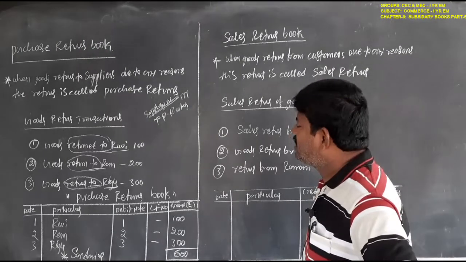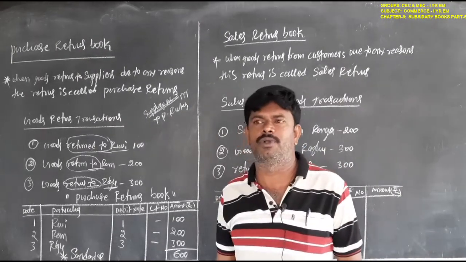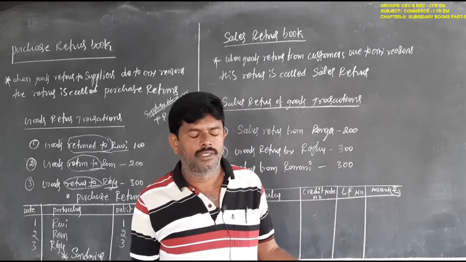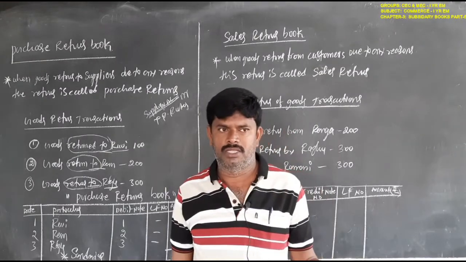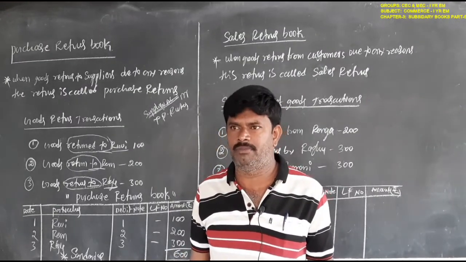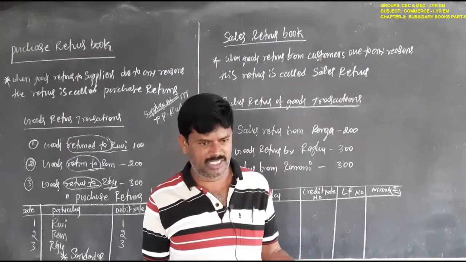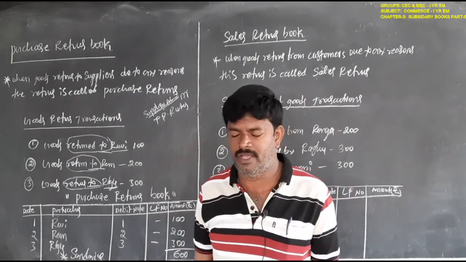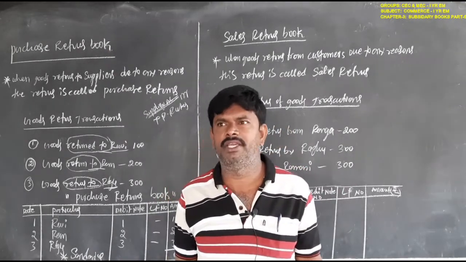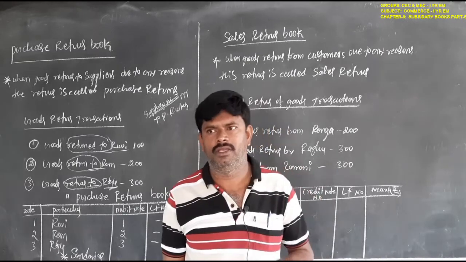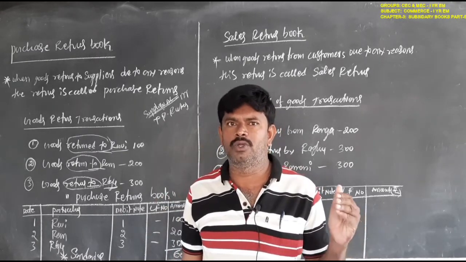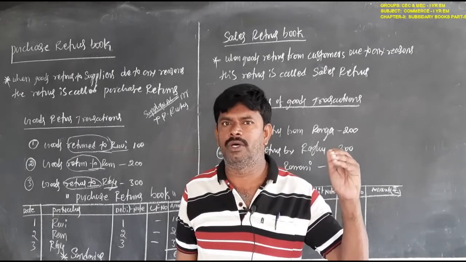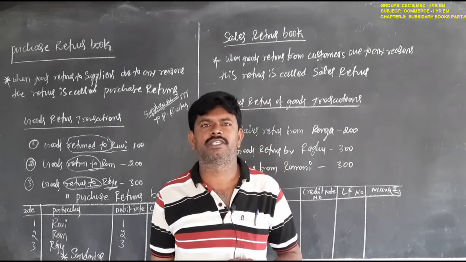Remember one thing: what are the reasons behind sales returns? There may be damage of goods, goods not provided as per the requirement of the customers, or high prices charged by the suppliers. Whatever it may be, the goods are returned by the customers.